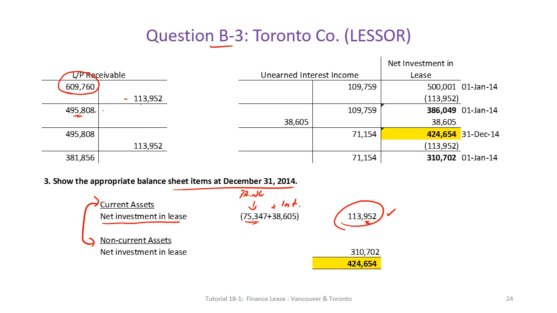We take the difference between the 495,808 and the amount of the unearned interest, and that gives us our net investment in the lease. So at any time, our net investment in the lease is the balance in the lease receivable account minus the balance of unearned revenue. So that's where this comes from.